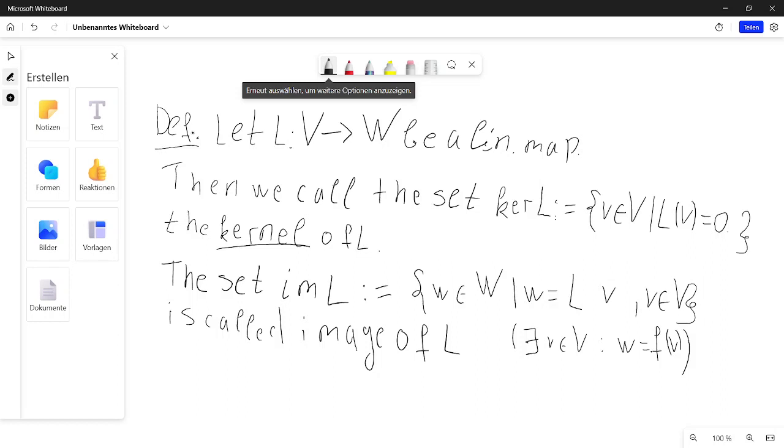It's a common convention because, as we said, we will later identify the maps with matrices, so one has this idea in mind when one writes it. It's like multiplication of a linear map with a vector, but of course we mean evaluation of the map at this vector, right?